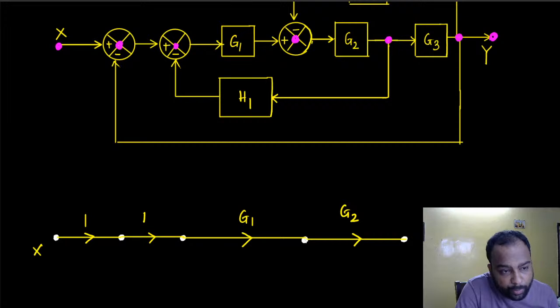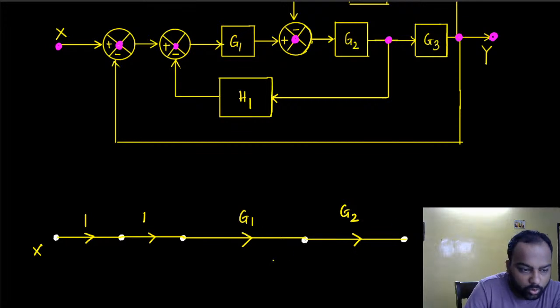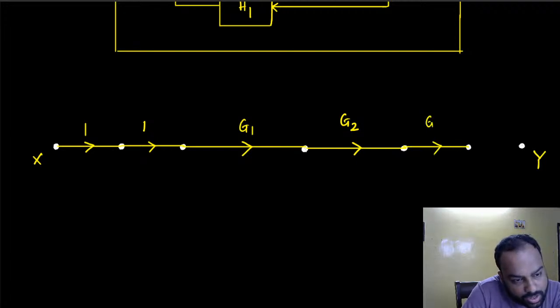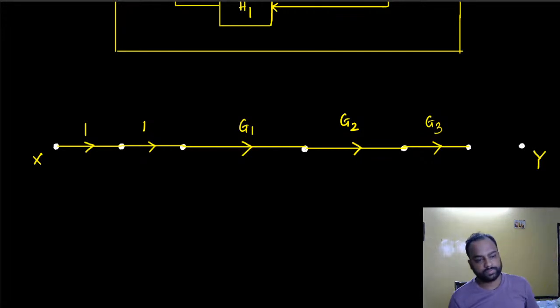Whatever comes out of this point in this direction gets multiplied with G3 and is fed to this one. So I essentially have G3 like that. These are the costs, or the transfer functions. In terms of the graph, these are the weights.